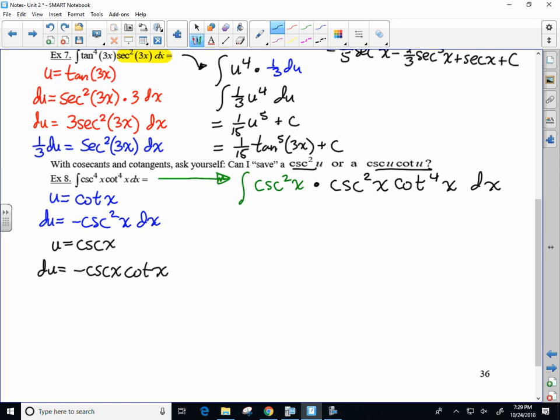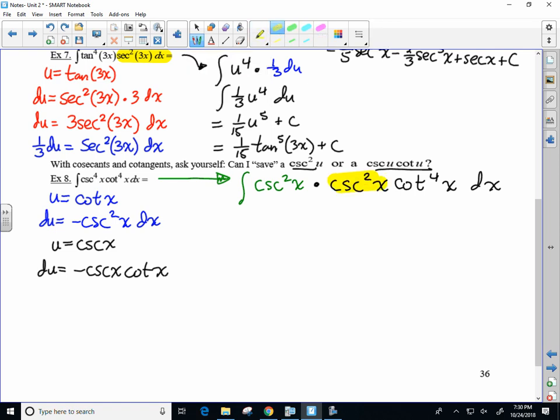So I look at this and say, this is the derivative I want. When I create my u, I want it to have a derivative of this, which means my u should be cotangent in some capacity. So I have the cotangent here, but this is not cotangent. So the question I would ask myself at this point is, can I make it a cotangent?